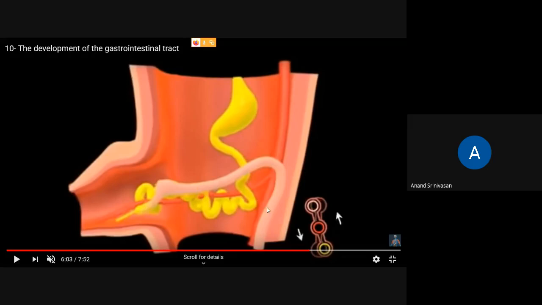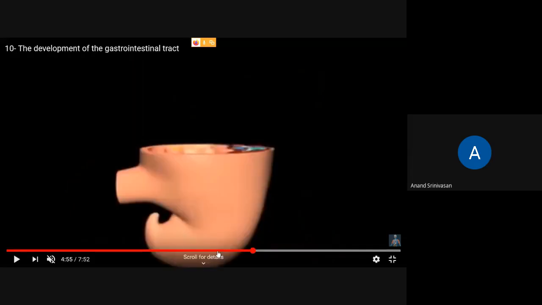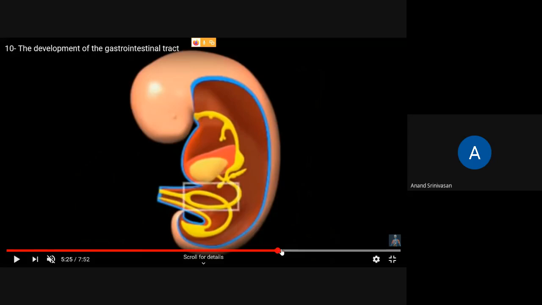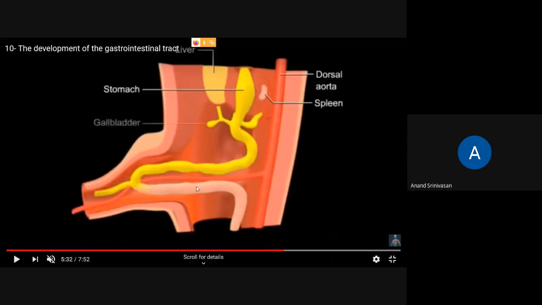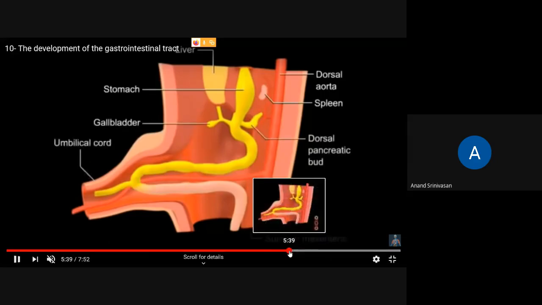Here you can see the cranial limb and the caudal limb. The cranial limb is taken inside and then the caudal limb follows it. Initially, both the midgut and the hindgut are protruding through the umbilicus. Then what happens after this rotation?